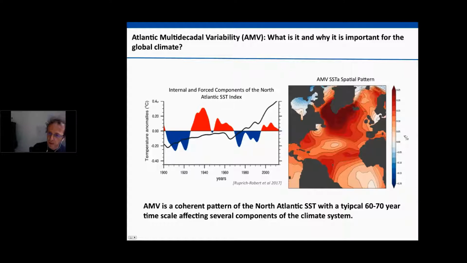It also has a subtropical lobe, and in the central part of the Atlantic there's a weaker signal. The other thing you might notice is that this signal is unipolar. The sign of this AMV signal is uniform. In terms of polarity, it's always positive, but there are some spatial inhomogeneities in it.